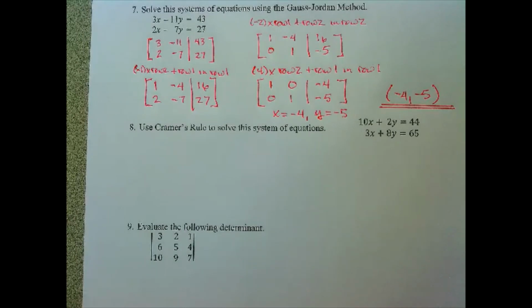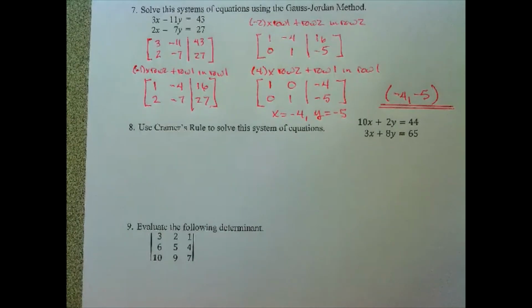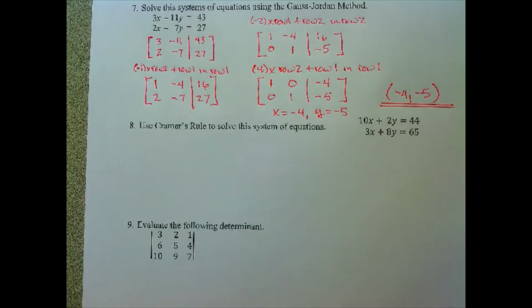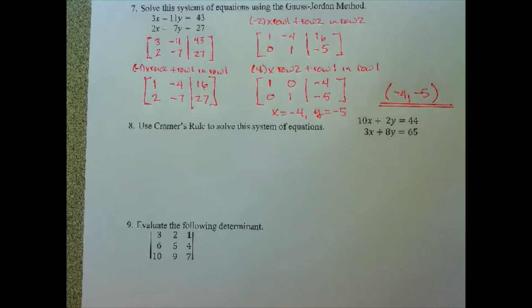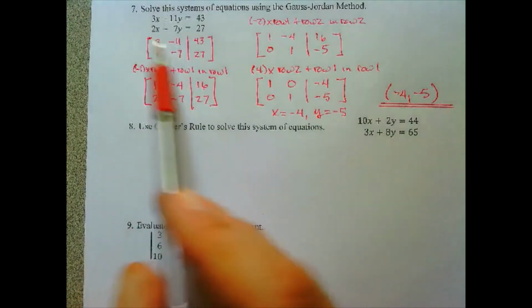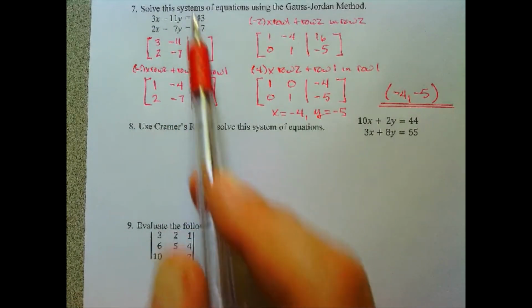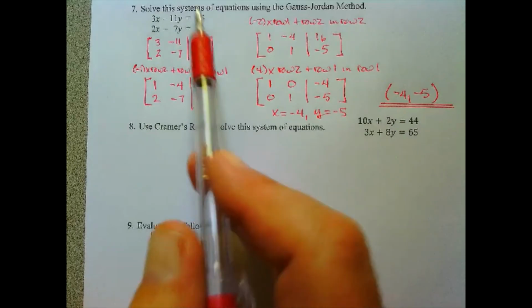Okay, this time we want to use Cramer's rule to solve the system of equations. And again, there are many ways to solve these, but we're going to be doing Cramer's rule. And so what we're going to do is set up one determinant based on these 4, and then we're going to set up 2 others in which we replace the x's with these and then the y's with those.